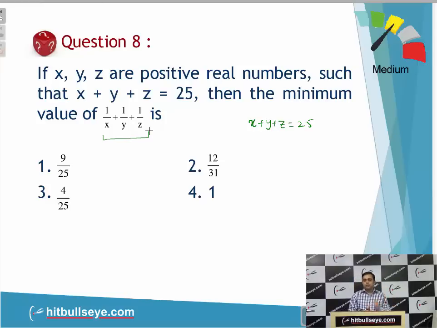In the previous questions, we have either the sum given and the maximum value of the product was asked, or we have a product given and the minimum value of the sum was asked. But here what is given is the sum of three numbers, and what has been asked is again the sum of three numbers, 1 over x, 1 over y and 1 over z.